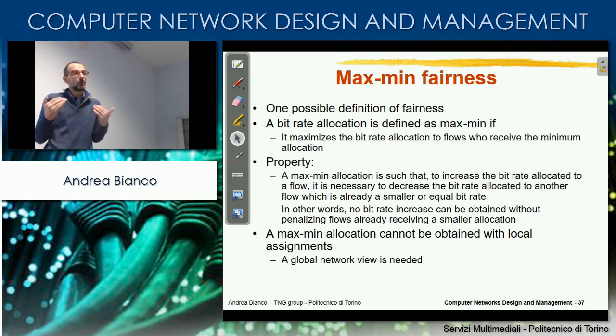And we consider this to be unfair. We don't want to increase the bit rate of a flow by reducing the bit rate of a flow which is already getting less than that.